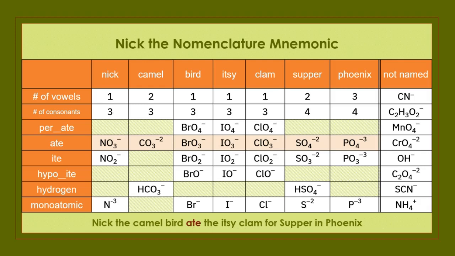Now, from many of them, we can also get an ite form. So we have nitrate and nitrite, bromate, bromite, and so on and so forth.